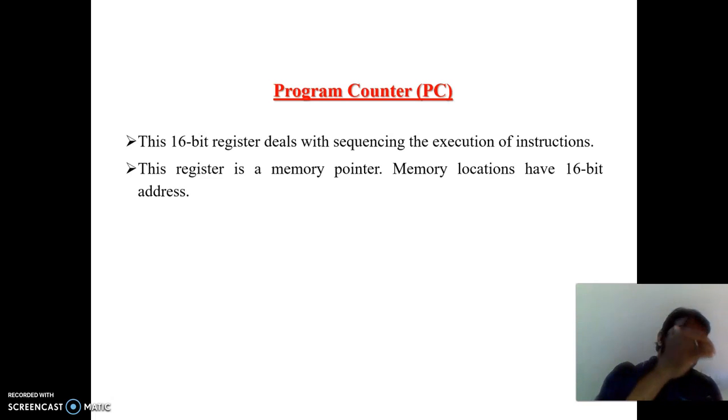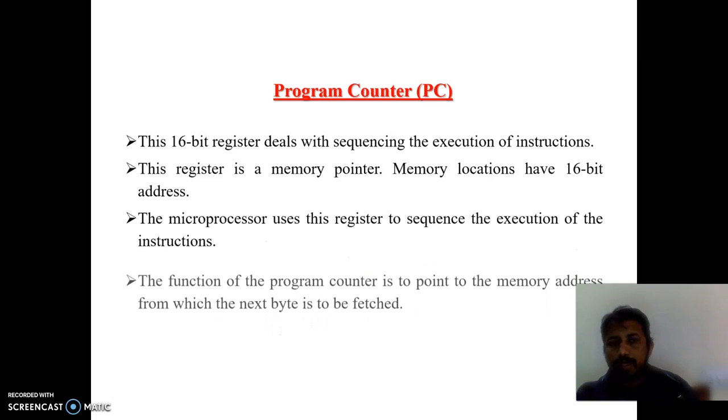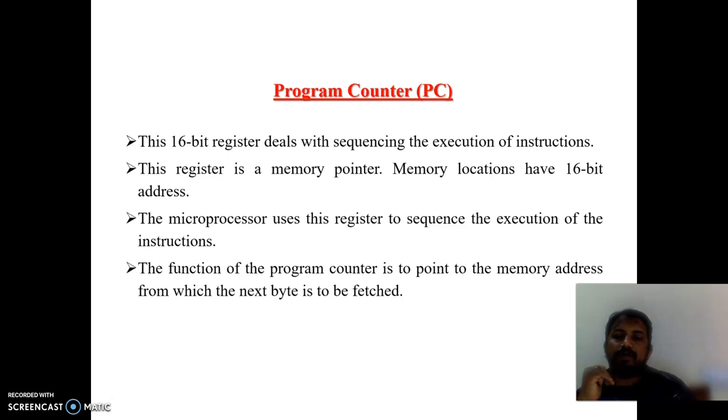Once you fetch from the first memory location, the program gets executed from the first instruction, then it goes to the next one, following in sequence. In this way, it keeps the sequence of instructions. The function of the program counter is to hold the memory address from which the next byte is fetched. For example, if the data being executed is at 6000, the next address should be stored.